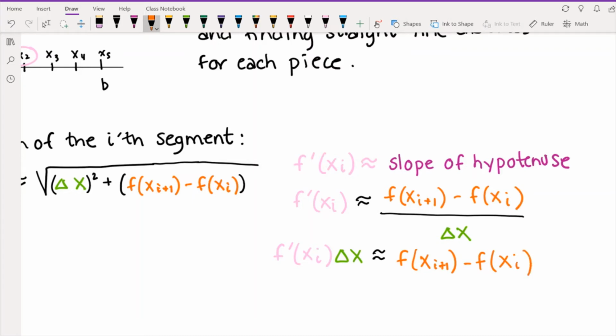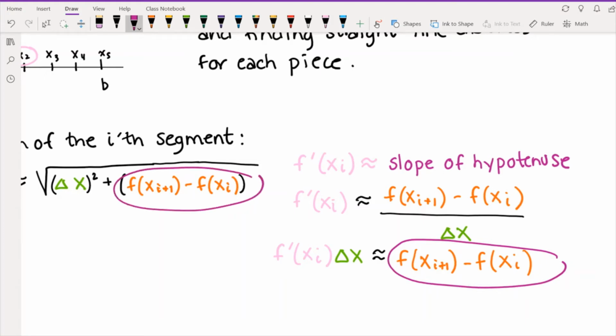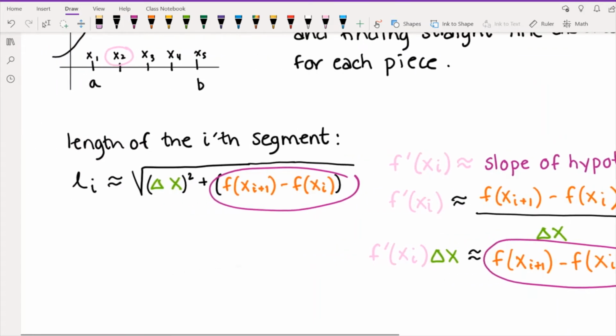So what that means is that we can now go into our expression here for the length of the ith segment, and we're going to replace where it has this. We have a place within our statement where this appears, and we're going to replace it with this. So we're going to put f prime of xi times delta x in instead of where we have this orange thing.